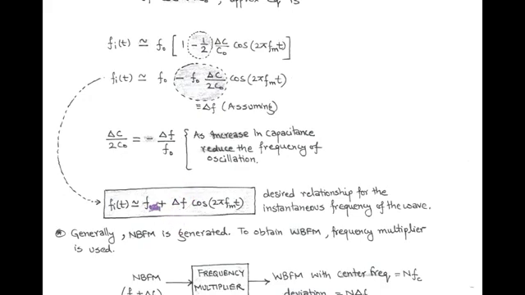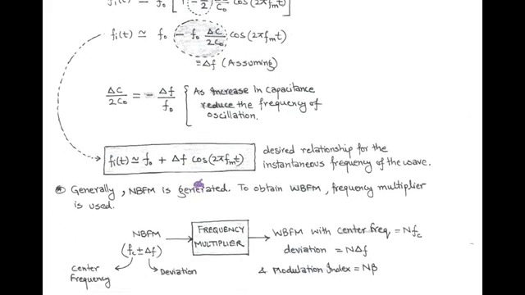That is, instantaneous frequency equals f0 plus delta f cos 2 pi fm t, and this is the desired relationship for instantaneous frequency of FM wave. Here f0 is called total frequency in absence of modulation and delta f is called maximum change in frequency after modulation, and it is called frequency deviation.